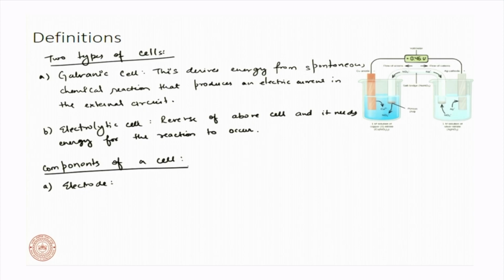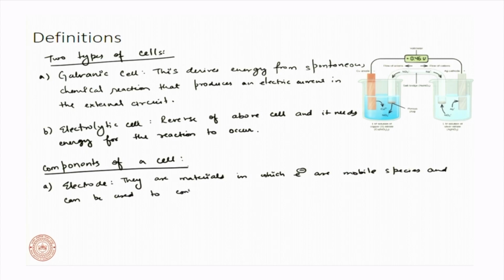They are materials in which electrons are mobile and can be used to control or sense the chemical reaction, the potential of the electrons.